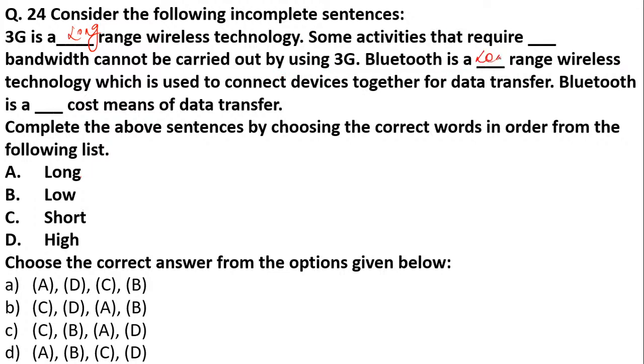Bluetooth is a low range, okay, short will come. Short range wireless technology which is used to connect devices together for data transfer. Bluetooth is a low cost means of data transfer. So the right answer will be A, D, C and B.